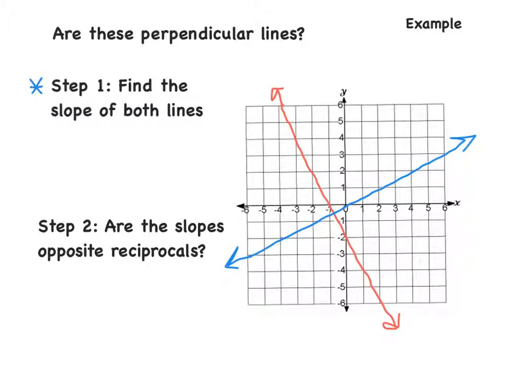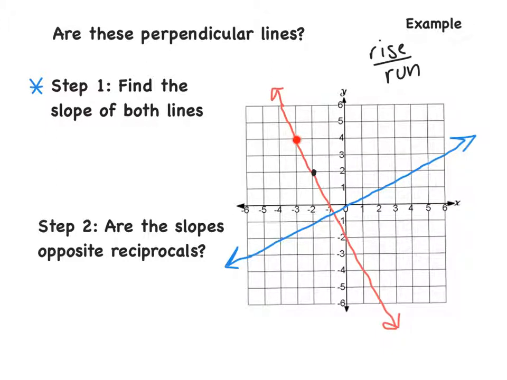So it doesn't really look like it gives us any points, but we can make our own points. So we have a point here, and it looks like we have a point here. Now, remember, what is slope? Slope is rise over run. So let's start at this point.